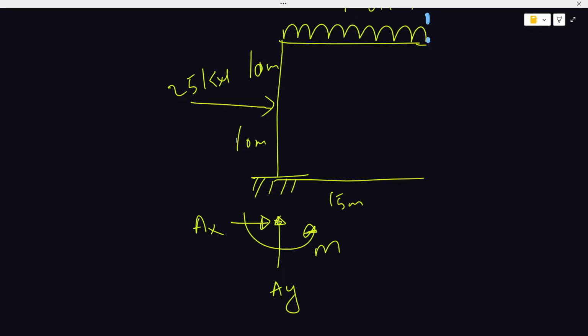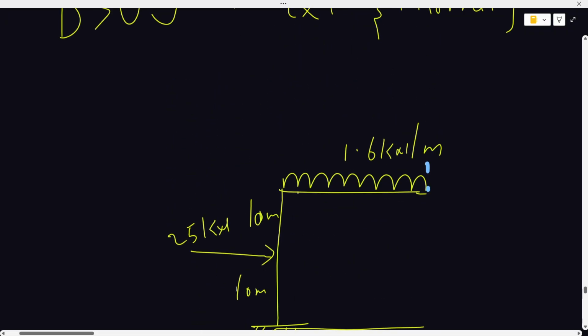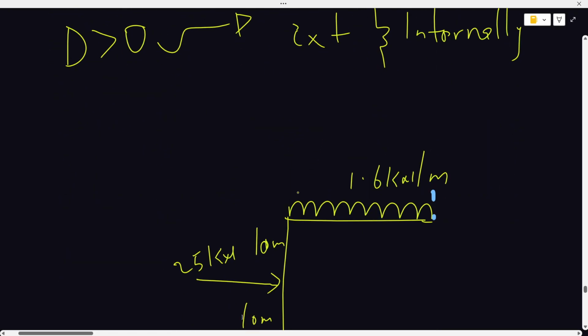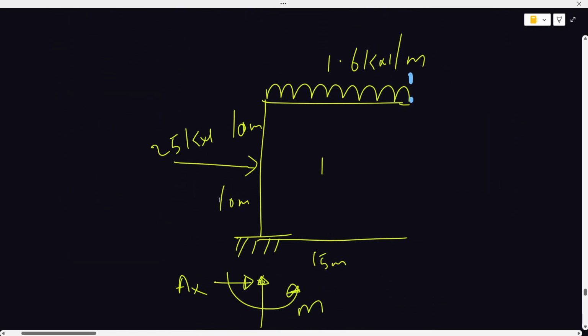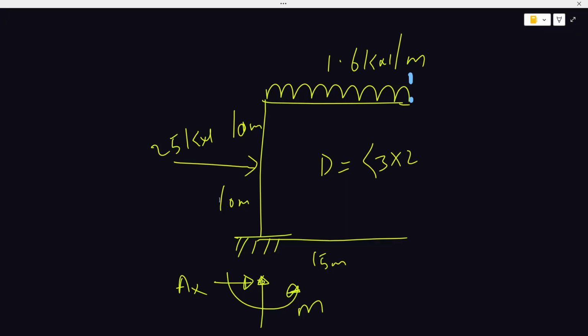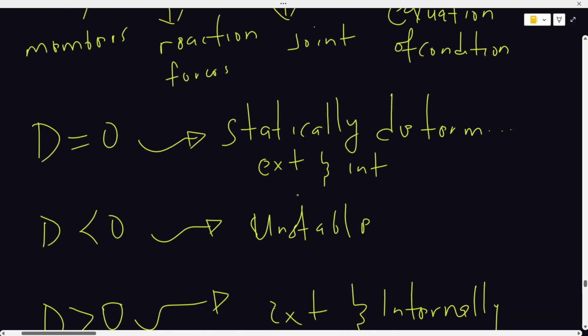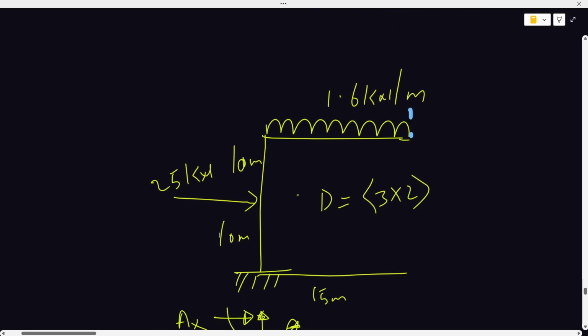So, no, we haven't even computed for whether it is determinate or not. So, if you use this method, what I just said, you'll find out that D is equals to 0. What do I mean? You see, D is equals to 3 times how many members? 3 times 2 members, plus R. We have 3 reactions.